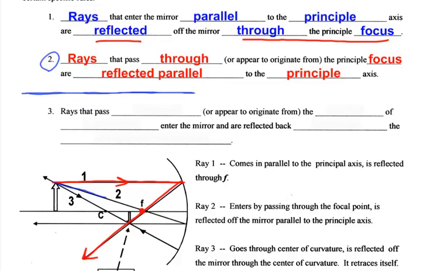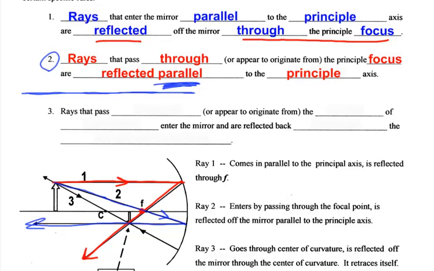Rays of light are coming off of every part of this object, we're just focusing on the ones off the top. So when rays from the top of the object go through the focus and hit the mirror, they are reflected parallel to the principal axis. So we have our reflected light.